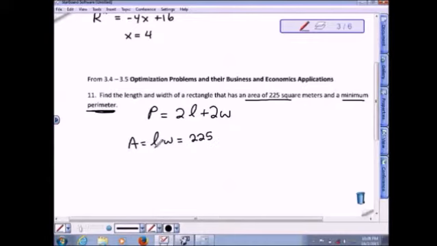So if we divide by one of the dimensions, it doesn't matter, we can divide by L on both sides. That yields width in terms of the length.